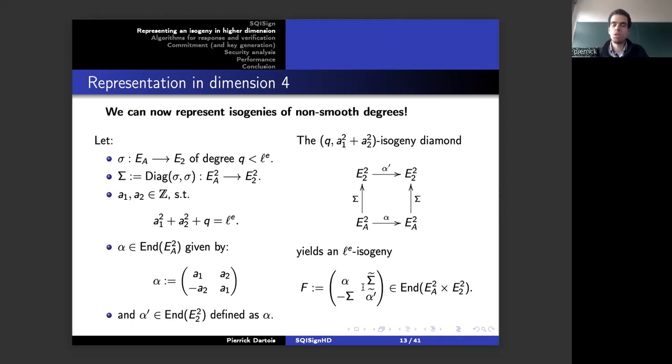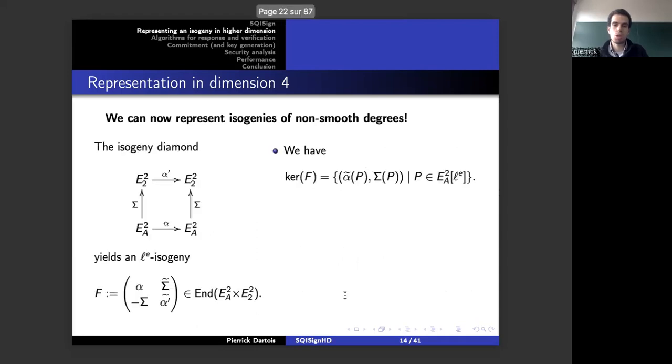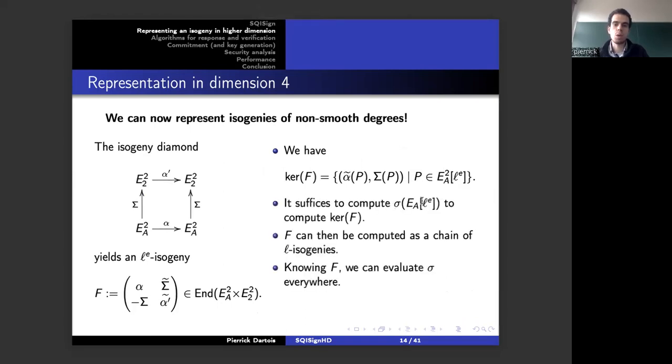And this endomorphism represents sigma, which is just a component of this matrix here. So we have the formula for the kernel by Kani's lemma. This formula is very convenient because it means that if we know the image via sigma of the L to the E torsion, then we can evaluate the whole kernel, because this alpha tilde is just scalar multiplications.